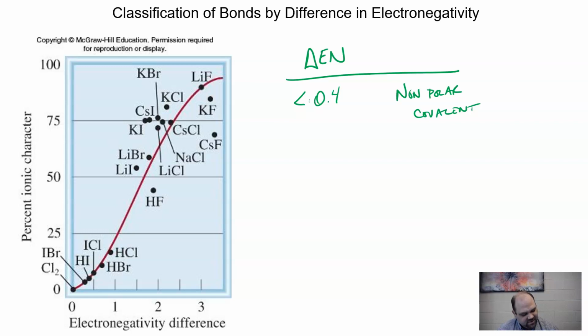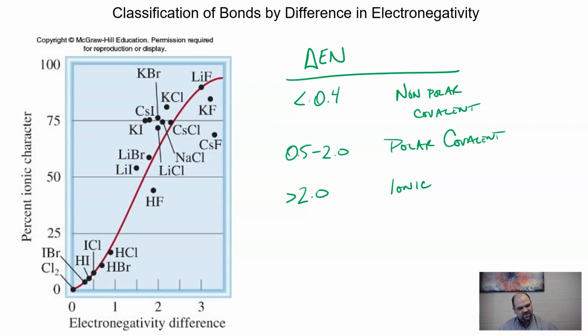If it's between 0.5 and 2, then we consider it polar covalent. So HF, the example I just gave, is just on the edge of being polar covalent. Anything greater than 2, we consider to be an ionic bond.